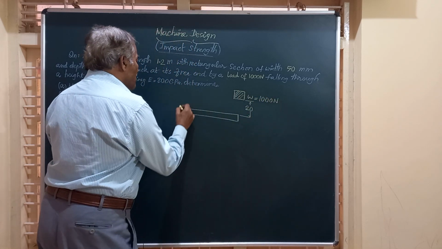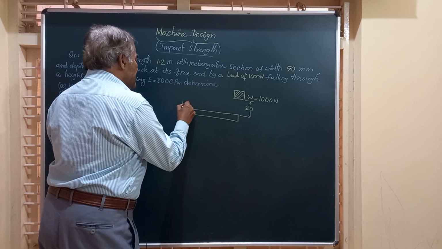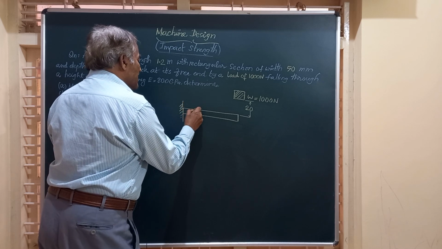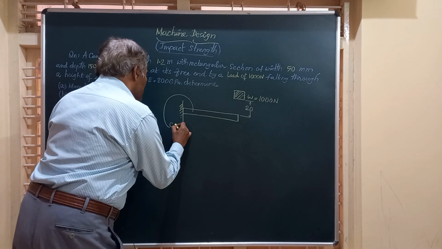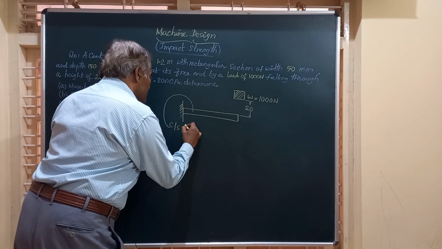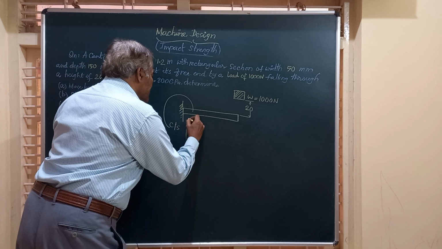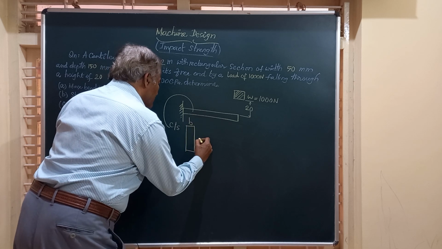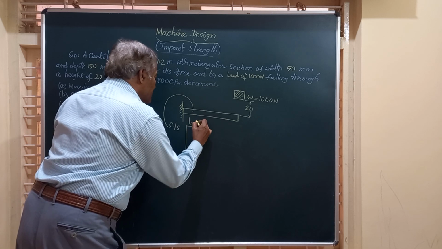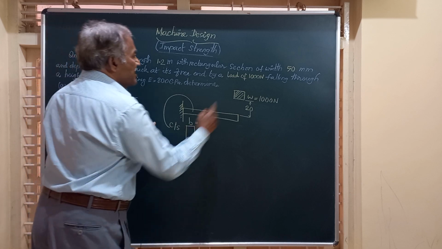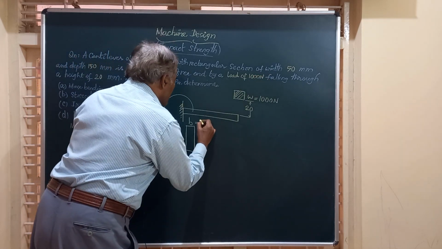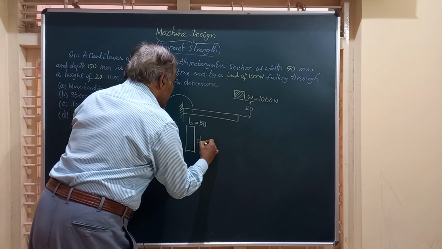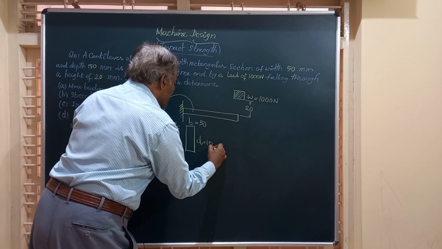And here we have got the member as a cantilever, and the cross section of this beam we can represent as B and D. B is the width, and that is given to be 50 mm. B is 50 and depth of the beam is 150.